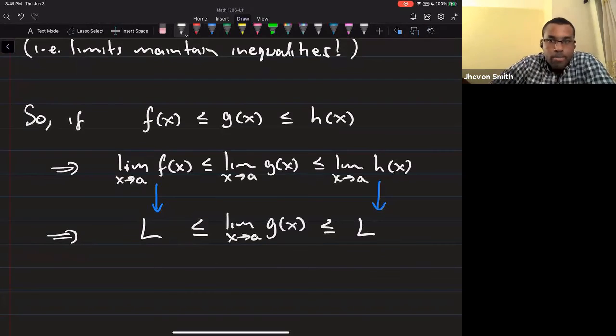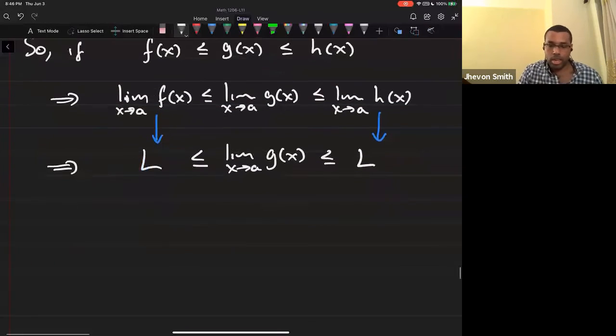now you ask yourself, what are the possible values that this limit could be? It has to be greater than or equal to L, and at exactly the same time, it has to be less than or equal to L. Well, you can't be greater than a number and less than a number at the same time, so the equality must take effect. It must be equal to L itself. If you're squeezed between 3 and 3, you have to also be 3, because there's nothing in between 3 and 3, right?